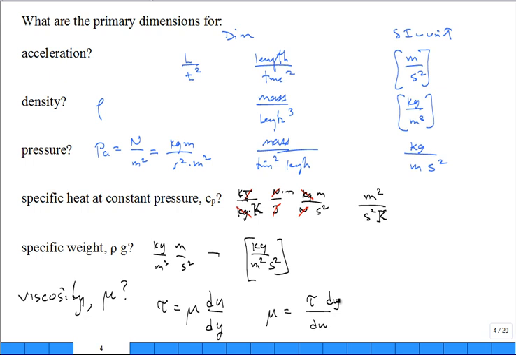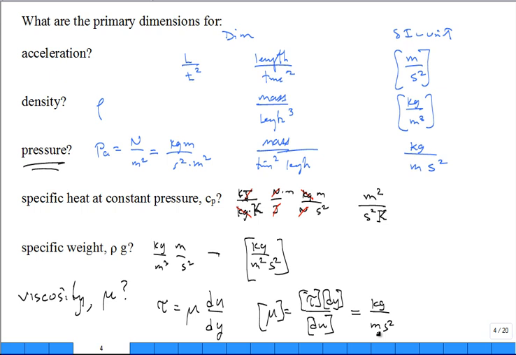So now, what are the units of tau? I'm going to say the units of mu are the units of tau times the units of dy divided by the units of du. What are the units of tau? It's a shear stress, right? It's like a pressure. So you could just substitute that to be kilogram per meter second squared.